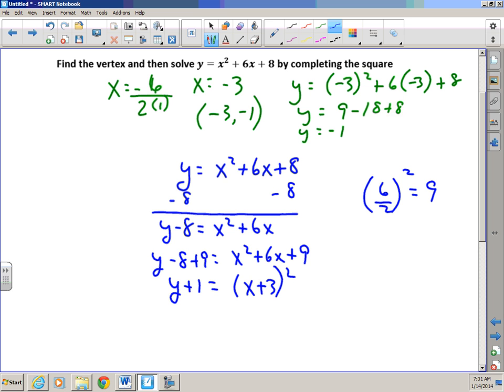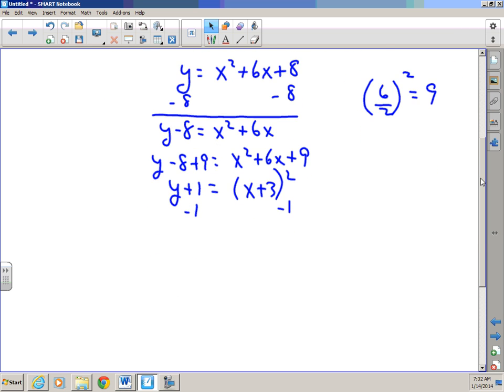My final step is to isolate the y. Just move this. And now, if you notice, I have two numbers down here. I have a positive 3 and a negative 1, or a minus 1.